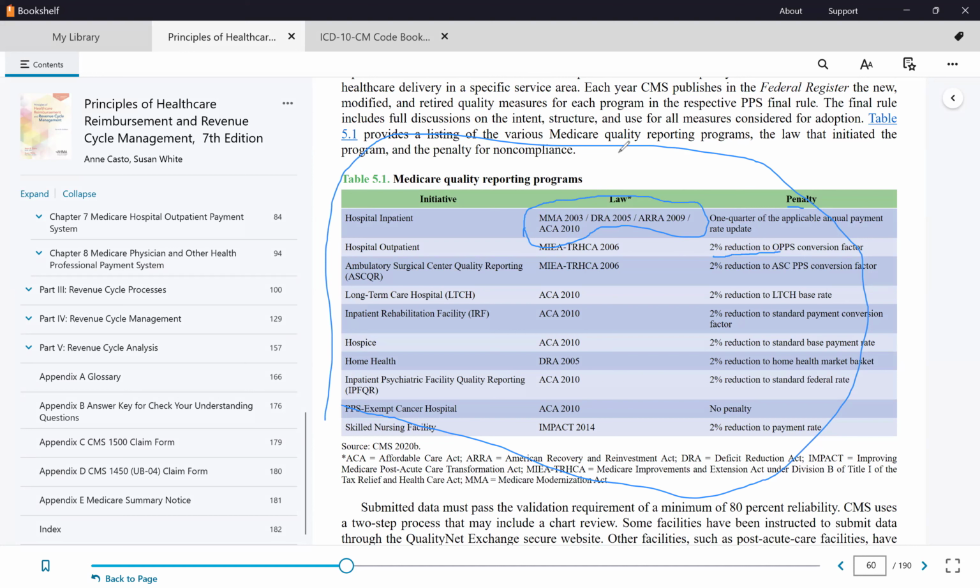So as you can see, CMS is not playing around when they want to have facilities provide quality care. Also of note, this extends not just to acute care facilities, also covers long-term care, inpatient rehabilitation, hospice, home health, and others.